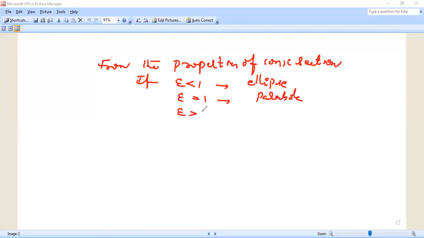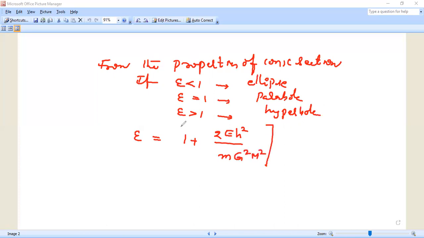If eccentricity is greater than 1, then the conic section is said to be a hyperbola. This is final. But from the above expression, what is that expression? Eccentricity e is equal to 1 plus 2E h square by m G square M square, whole power of half.